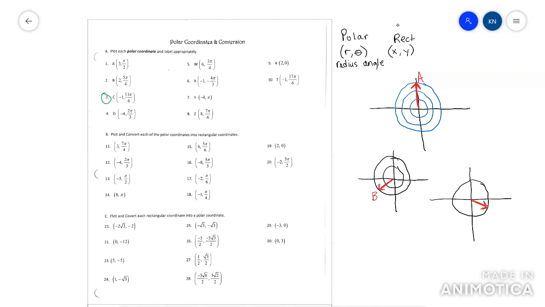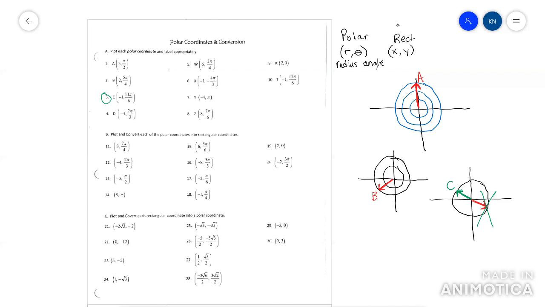If everything was positive, that is where it would end up. However, when it's a negative r, you have to do what I call a pivot. It's a 180-degree pivot opposite from that location. So green is actually the location of point C, not red. Red's just there as a reference for where I need to pivot off of.